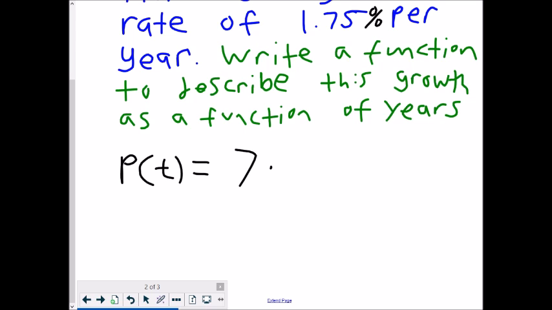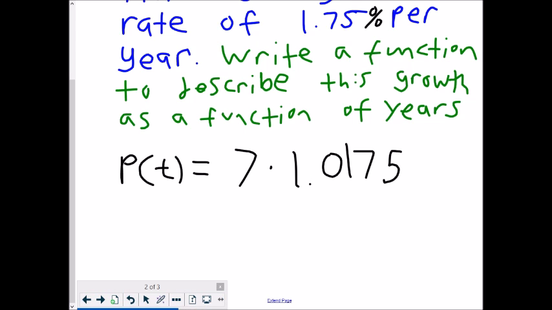To get the growth factor, move the decimal place 2 to the left and add 1, so it'd be 1.0175. Yep. That's right.